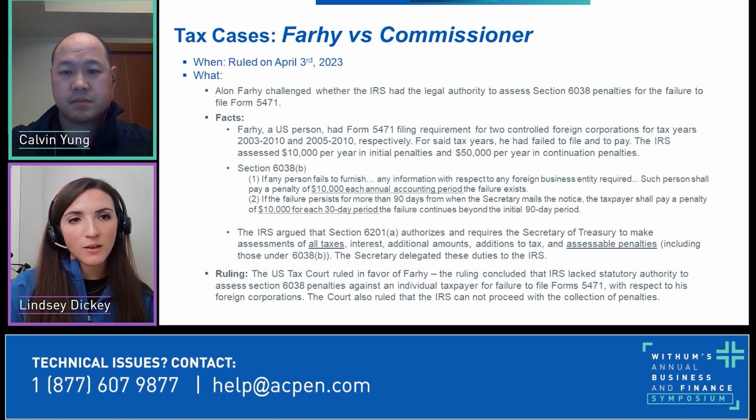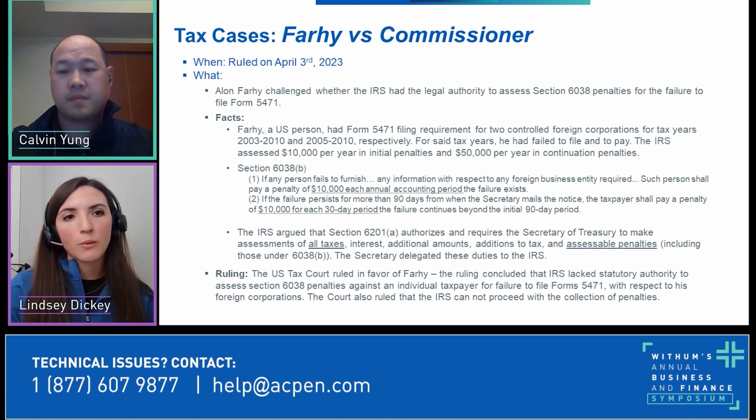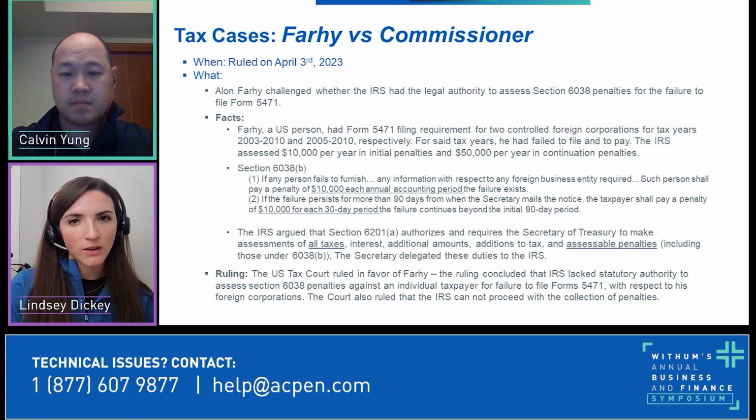Without that specific language, the court sided with Farhy, granted that there was specific language of assessment authority in different instances of the code for other penalties. So it points to a hole in this particular section of the code, and it resulted favorably in Farhy's instance. We can head to the next slide.